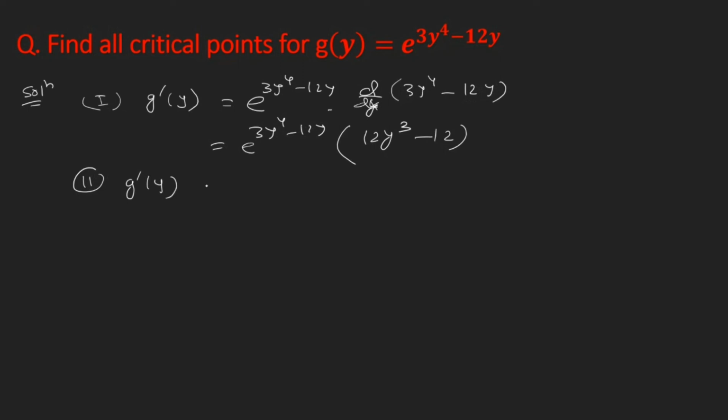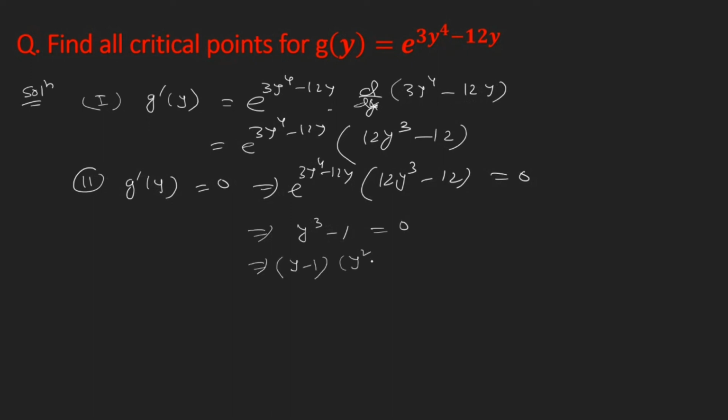Second, g dash y is equal to 0. This implies e to the power 3y to the power 4 minus 12y times (12y to the power 3 minus 12) is equal to 0, which gives y to the power 3 minus 1 is equal to 0. If you factor it here, y minus 1 times (y square plus y plus 1) is equal to 0, which implies y minus 1 is equal to 0, so y is equal to 1.